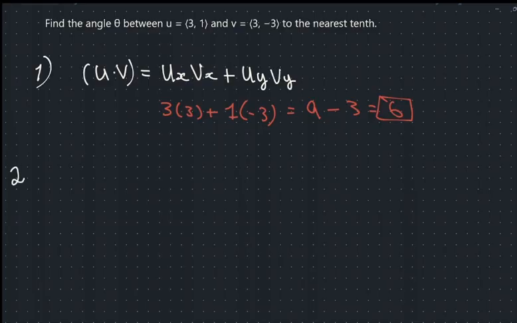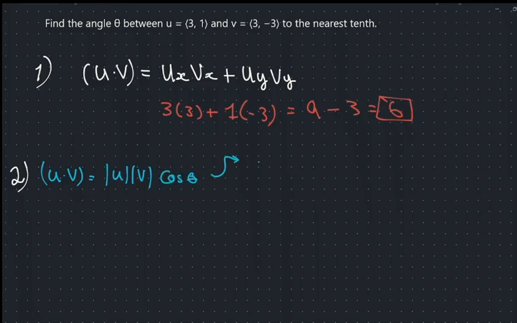The second step is to find the magnitudes of u and v. And why do we do it? Because we want to relate them to this formula that u dot v is equal to the magnitude of u times the magnitude of v cosine theta.